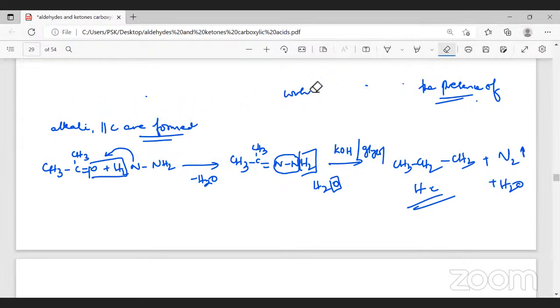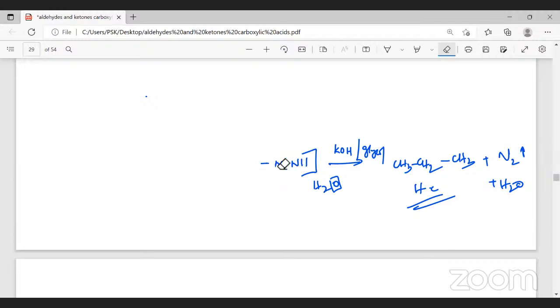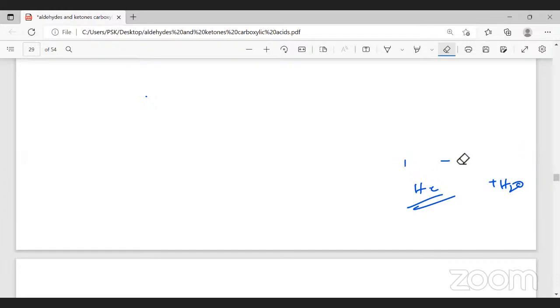Now coming to the next reaction, that is oxidation. We should remember aldehydes on oxidation give carboxylic acids. Now the strong oxidizing agent is acidified potassium dichromate. The next reaction is oxidation of aldehydes. So this is not general, it is specific.